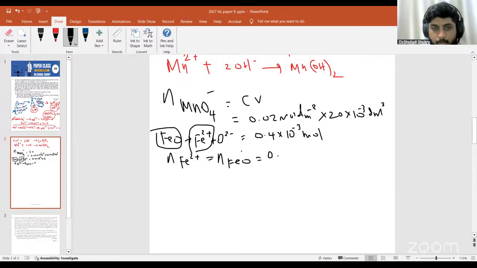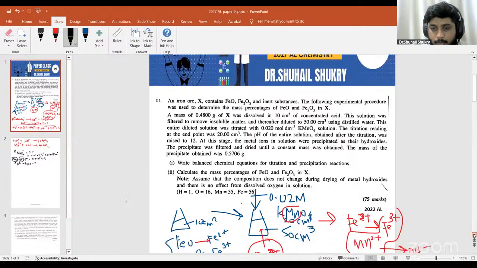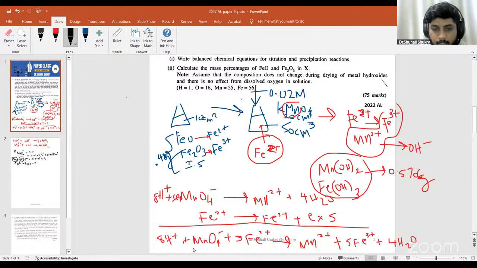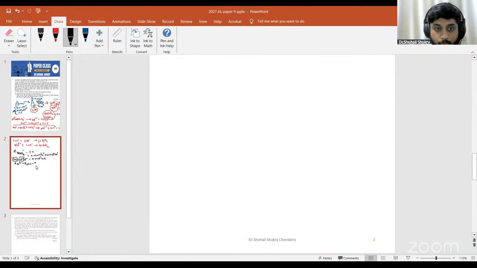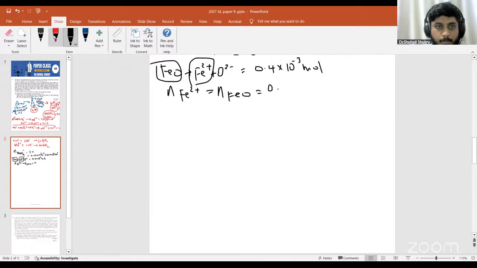You can see in this reaction, 1 times MnO4- reacts with 5 times Fe2+. The ratio is 1 to 5, so this will be 5 times of it. So 0.4 × 10^-3 into 5.